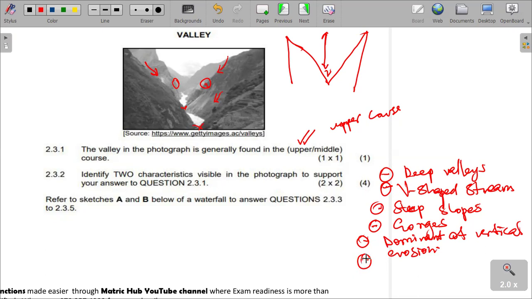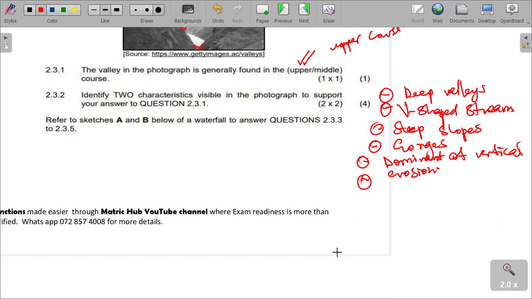We can as well identify the interlocking spurs that are visible in our photograph there.